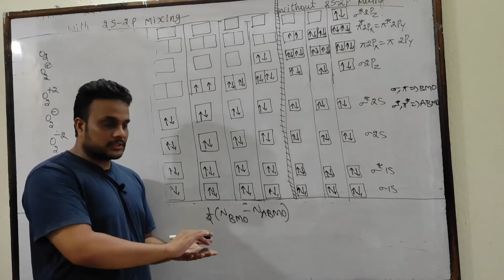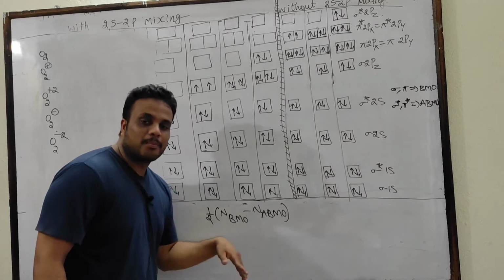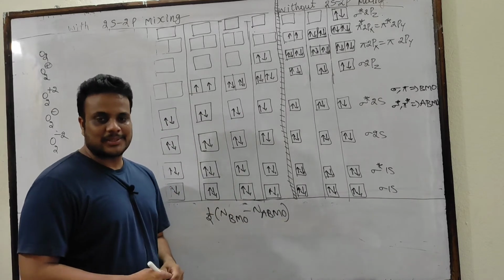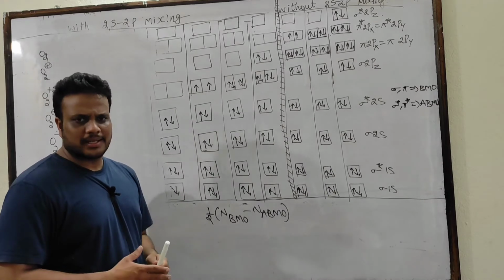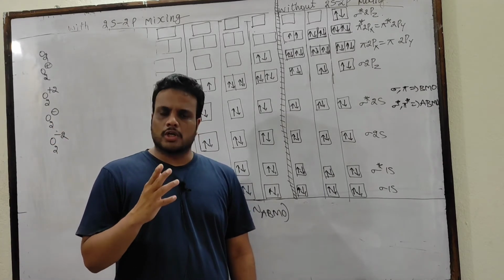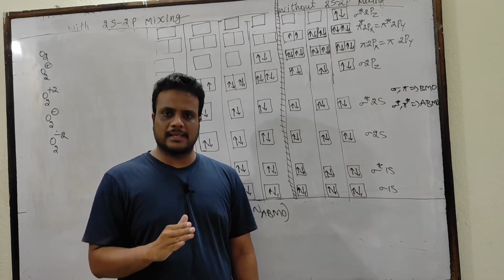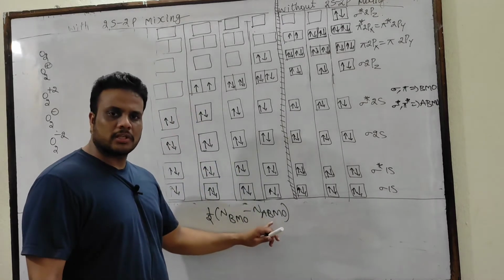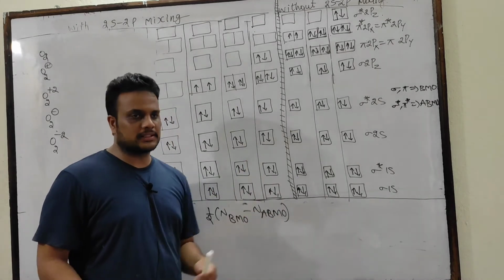So in reverse case, when I remove electron from this or add electron to this, bond order decreases. So that's why stability again decreases. So it is a simple trick. When you add electron to BMO, bond order increases. When you remove electron from BMO, bond order decreases. Similarly for this one, addition to this, bond order decreases, removal from this, bond order increases.